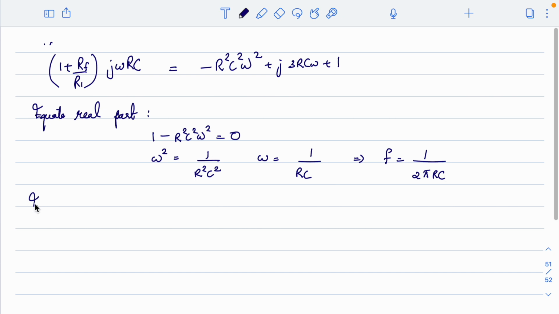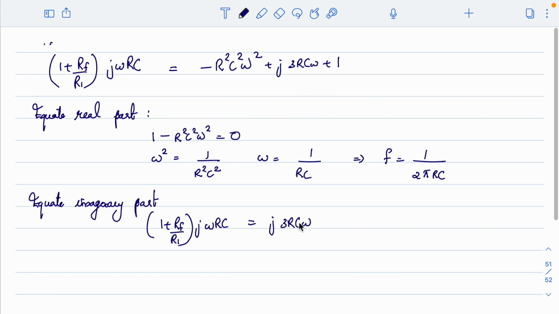Now after equating the imaginary part, we expect to get a condition for the gain requirement. On the left hand side we have 1 plus RF by R1 into j omega RC. On the right hand side what we have is j into 3 RC omega.